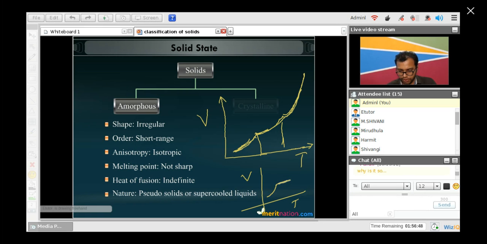During the phase transformation in a crystalline solid, the volume remains constant, and when it gets converted into liquid, the volume starts rising. Then when the liquid gets converted into gaseous state, again the volume remains constant as long as the liquid is converting into gaseous form, right? But this is not the nature in case of an amorphous solid.